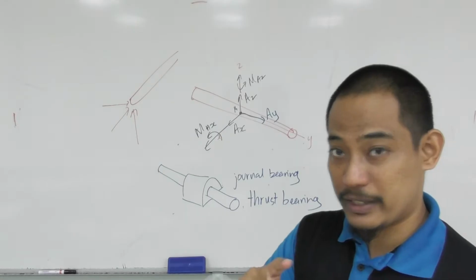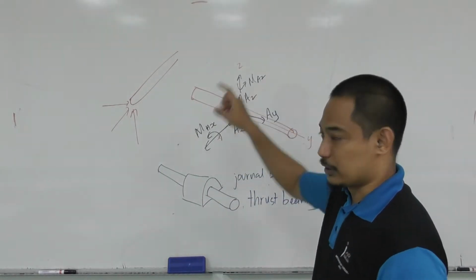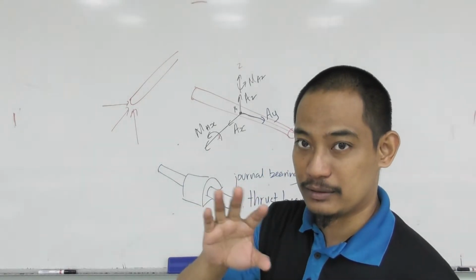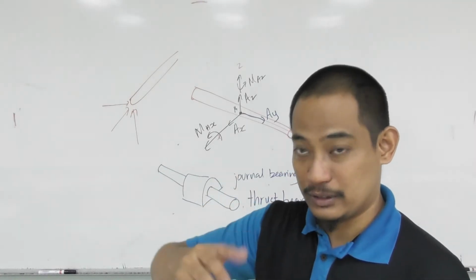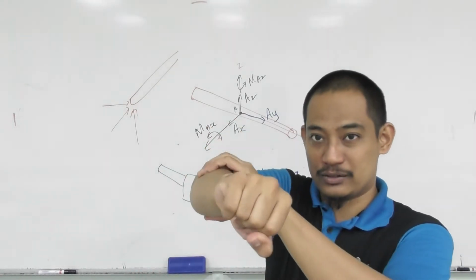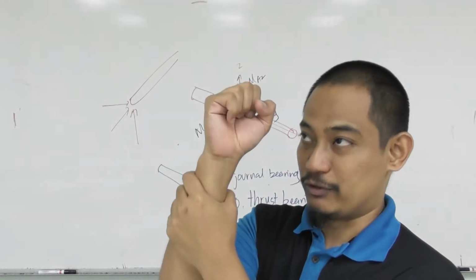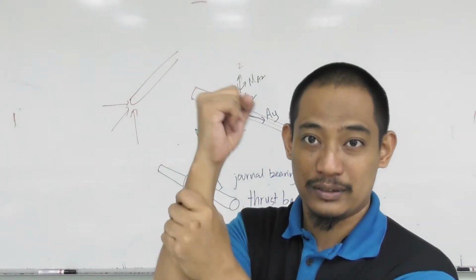So make sure you understand this correctly. When you have journal bearing, you only have AX, MAX, AZ, MAZ. Okay, do not memorize this. Do not memorize AX, AZ, etc., because x, y, z depends on where the axis is and where the rod is. If the rod is in the x-axis or y-axis or z-axis, then it's different. You have to understand where it can rotate, where it can move, where it cannot rotate, where it cannot move.